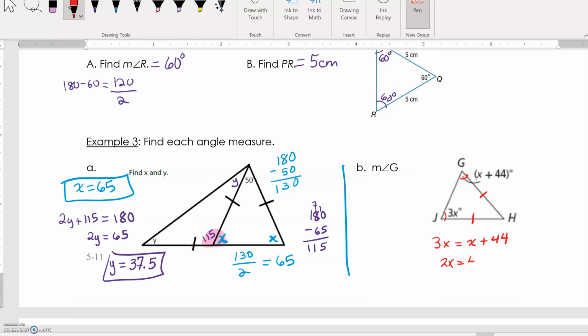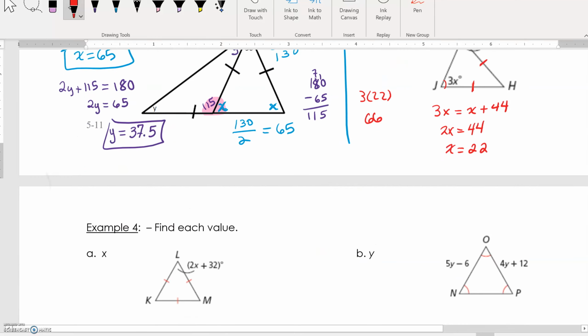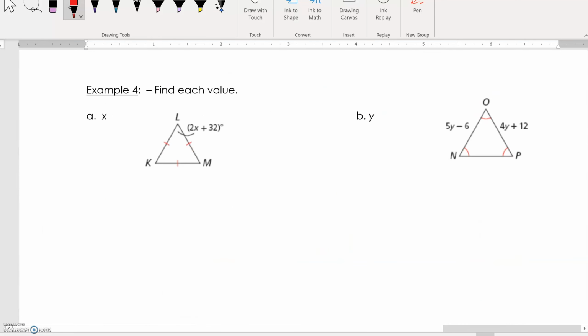So 2x equals 44 and x is 22. I don't know about you, but substituting that into 3 times 22, to me that's easier. 22 plus 44 is just as easy. We get 66 degrees for both of those. Go us.